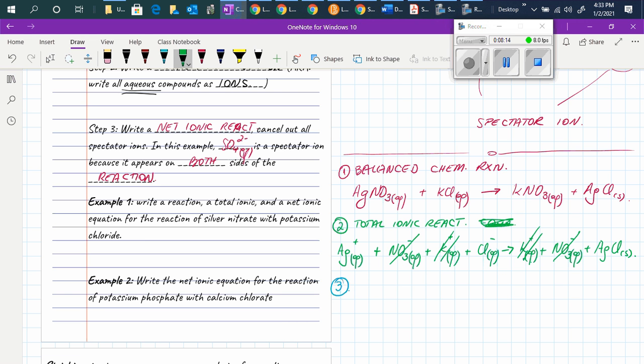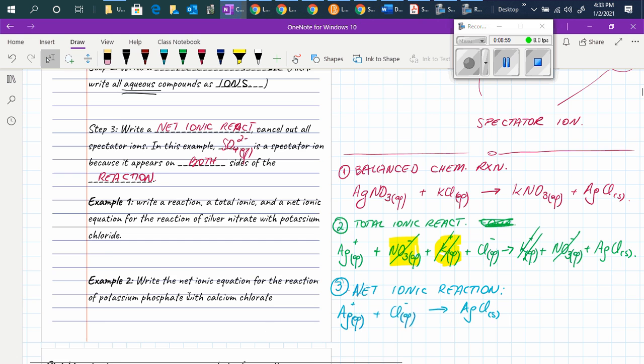Those two that I just canceled out are known as spectator ions, and the net ionic reaction will be silver ion plus chloride, and on the other side we will have silver chloride as a solid. And if we want to identify the spectator ions, in this case we have two, the nitrate and potassium ion.